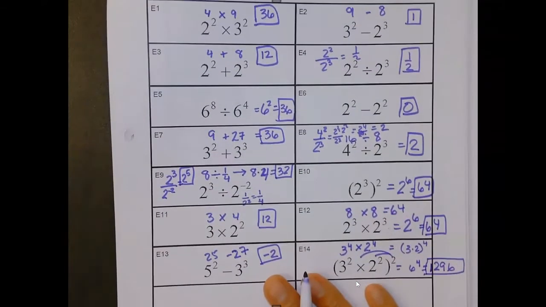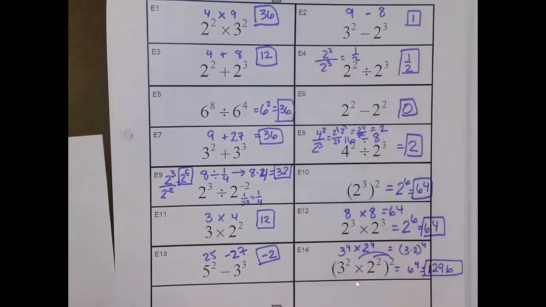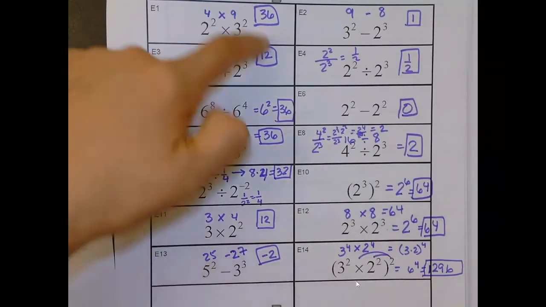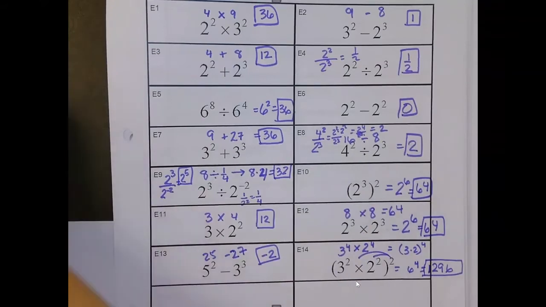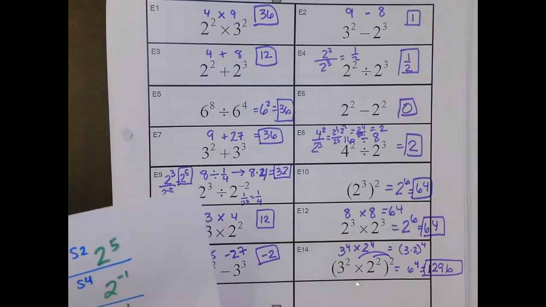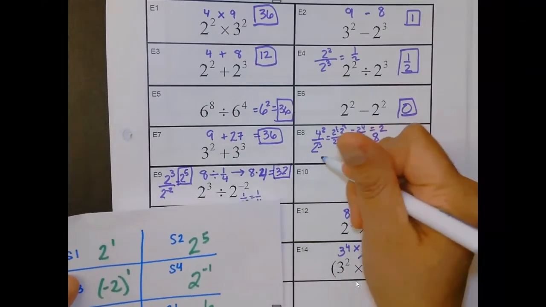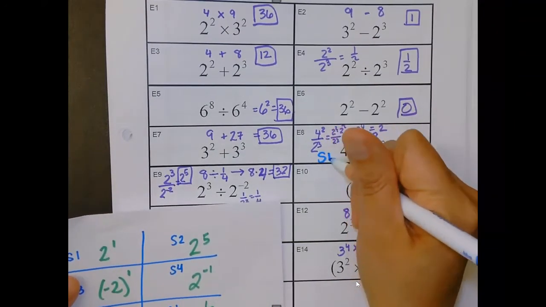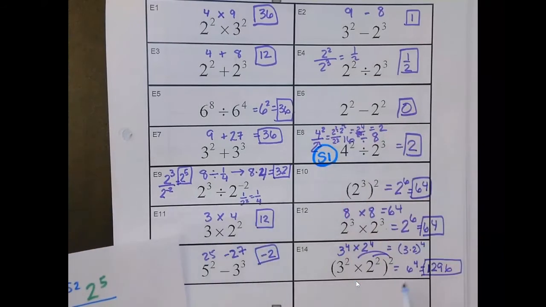Okay, so I finally did the worksheet. And again, there's different ways to do this. It doesn't matter as long as you get the same right answer at the end. And then they wanted you guys to match this up. So this is going to be, let's see, 2 to the 1st is going to be S1. And is there another 2?